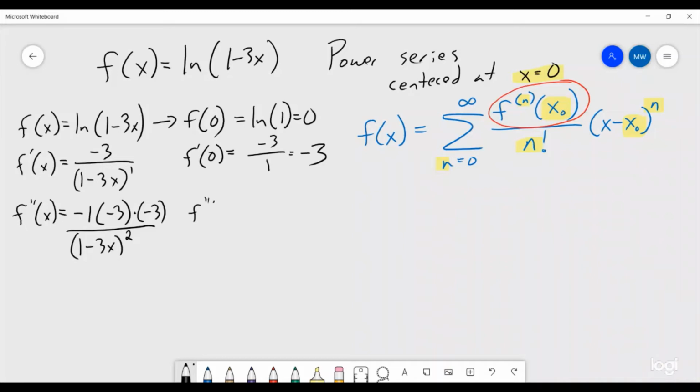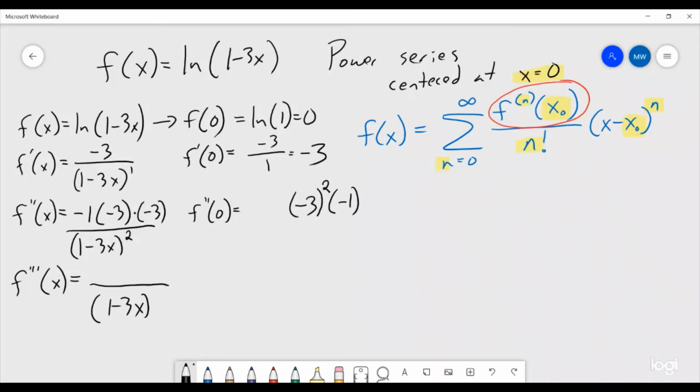So f double prime at 0 is going to be negative 3 squared times negative 1. If we go through and figure out f triple prime of x, we have 1 minus 3x cubed on the bottom. We now have a negative 1 times negative 2 times negative 3 cubed. So f triple prime of 0 is going to be negative 3 cubed times negative 1 times negative 2.